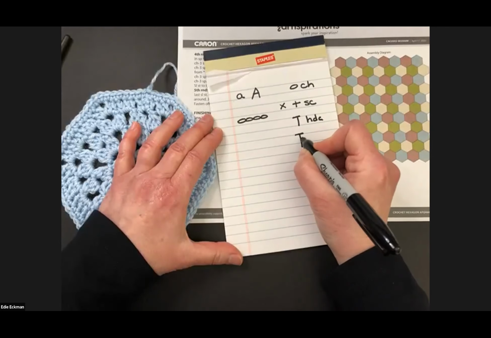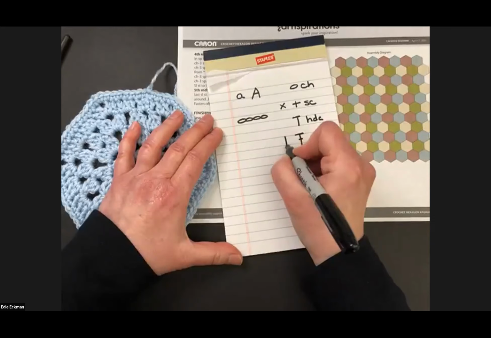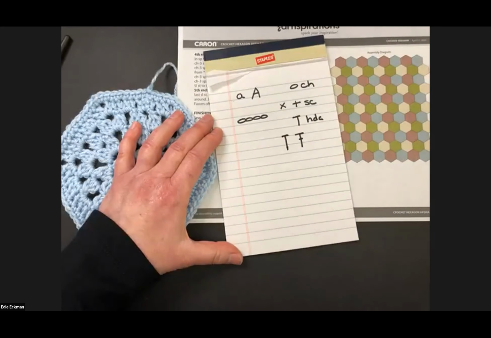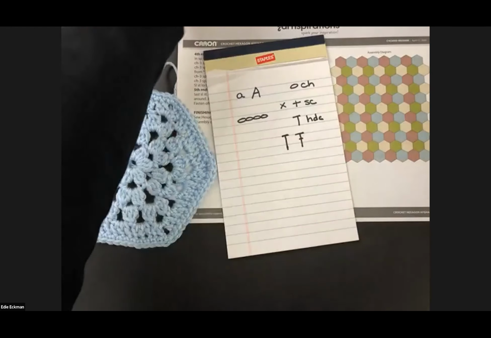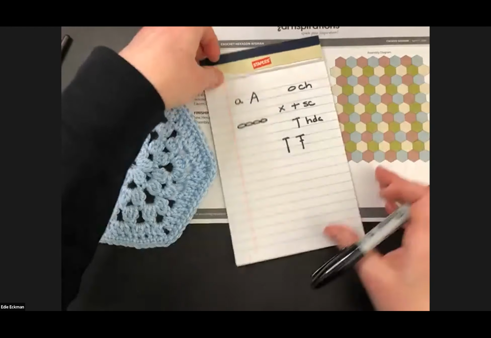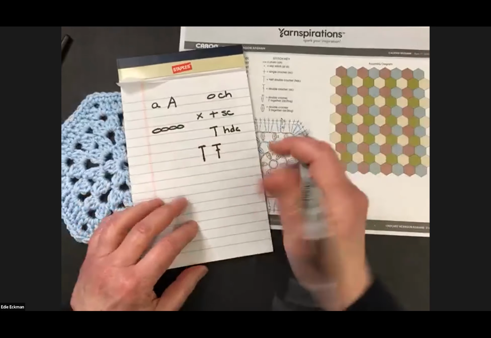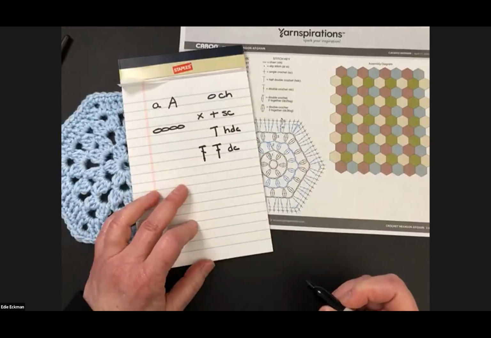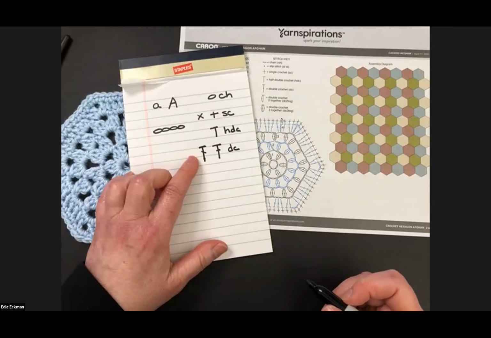Or a double crochet is going to look like that. But you know what? A double crochet might also, this little hash mark here, can also go a little bit sideways like this. So both of those are double crochet, just kind of a different font, right?